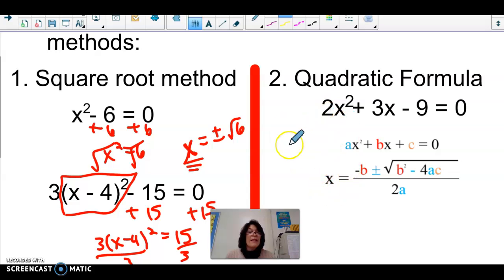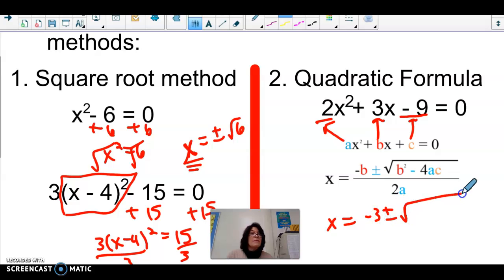Okay, so in this situation, hopefully you would notice that a is 2, b is 3, c is negative 9. If there was a minus in front of the 3x, then b would be negative 3. I'm going to take the opposite of whatever b is. We said b was 3, so I'm going to take negative 3.